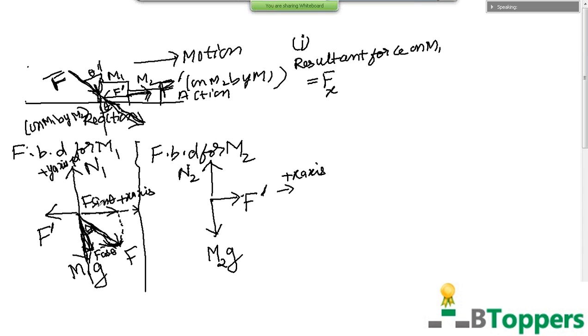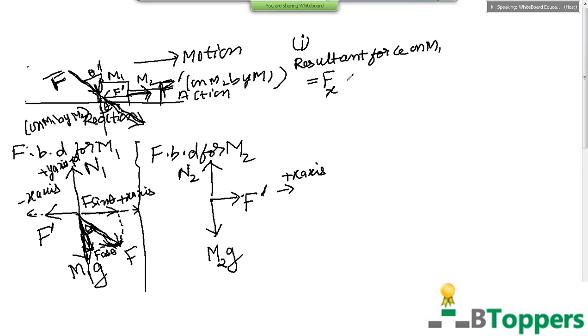The horizontal component of the pushing force, which has magnitude F sin theta, acts along the positive direction of the x-axis. The reaction force on M1 by M2 with magnitude F dash acts toward the left side, the negative direction of the x-axis.